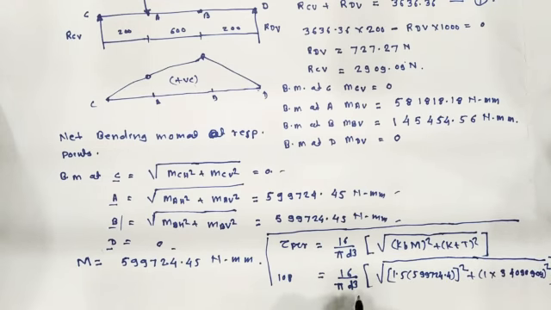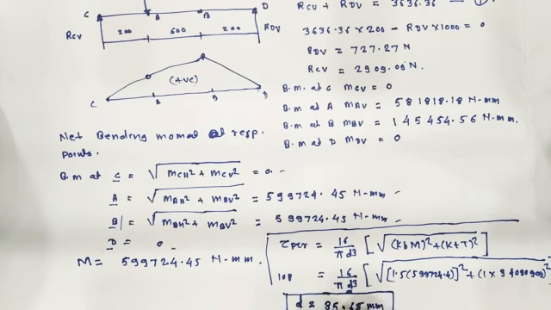After simplification, the unknown is D. Doing the calculation carefully, finally we will get the answer D, and D calculated by using this final equation is equal to 35.65 mm.